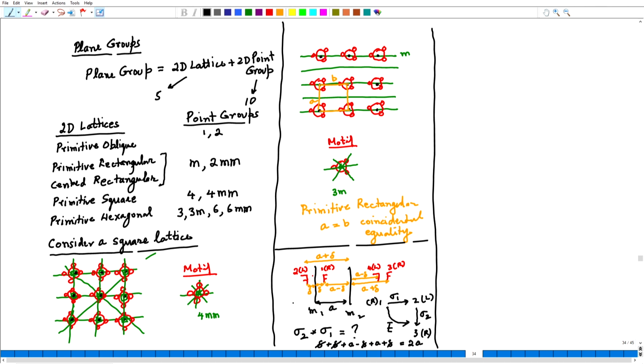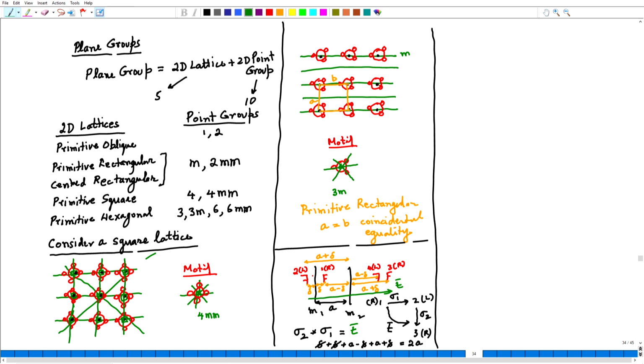So clearly I have a translation operation T bar whose magnitude is 2A. Therefore, sigma 1 followed by sigma 2 gives the symmetry operation T bar, the translation, with magnitude double the spacing between the two mirrors.